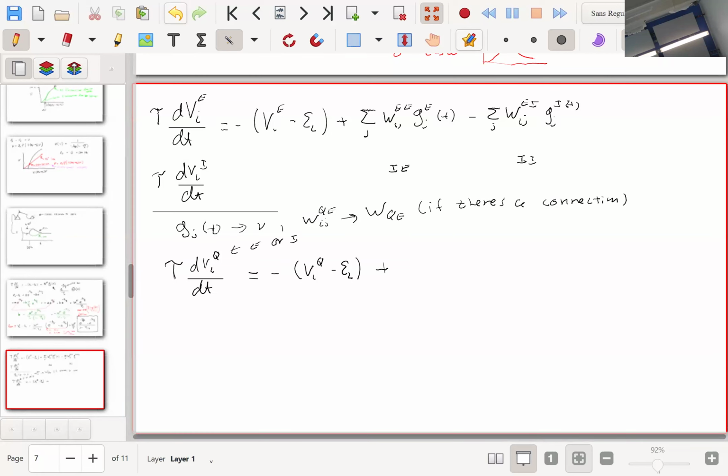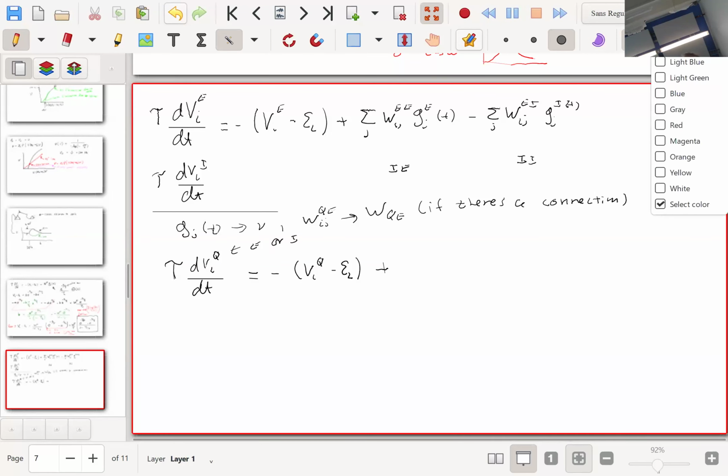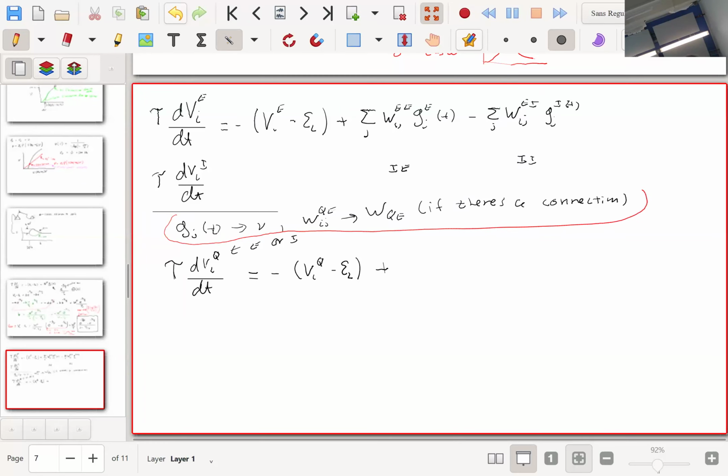So those are the two approximations we're going to make, which were the same as the ones we made before.